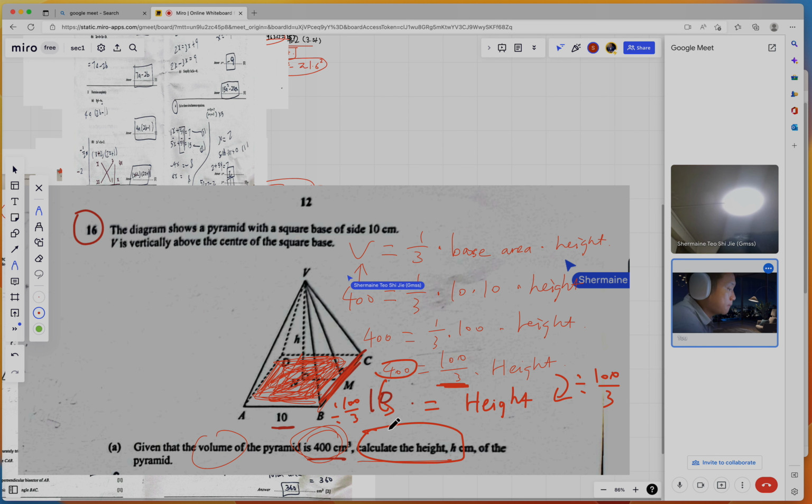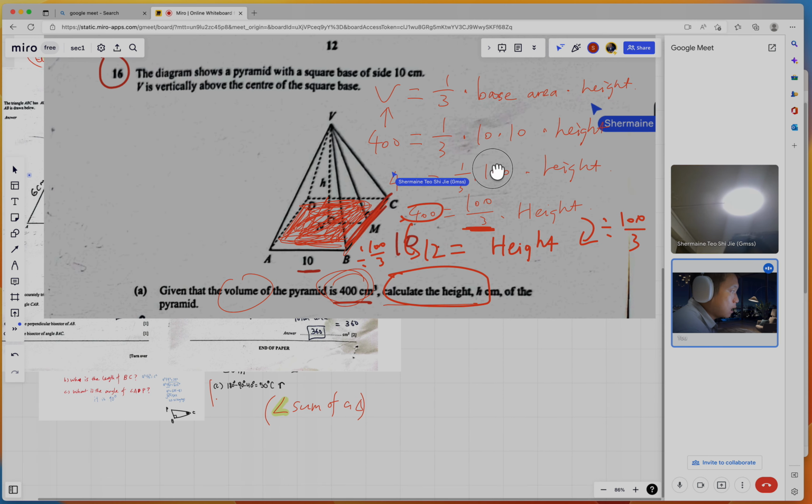That's the height. 12. Yes, the height is 12.